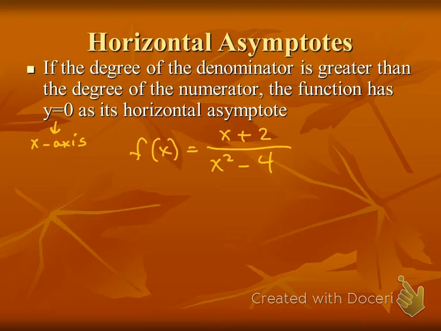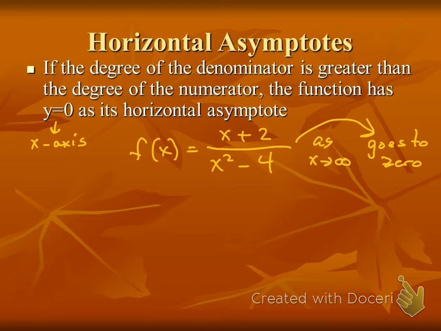The denominator is 1,000,000 squared minus 4. So it's much bigger than the numerator. And the bigger x gets, the larger the disparity between the numerator and denominator is. And so this thing is going to 0 as x gets big. As x goes to infinity, this thing right here goes to 0.